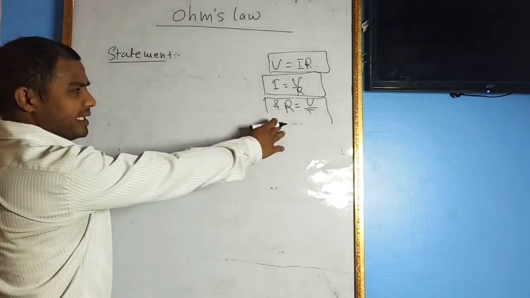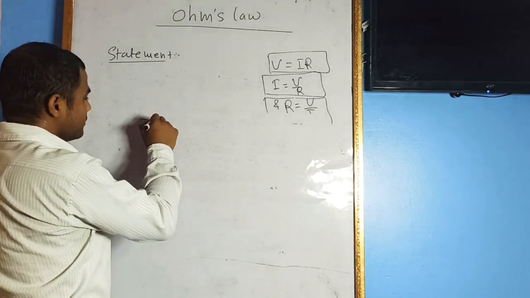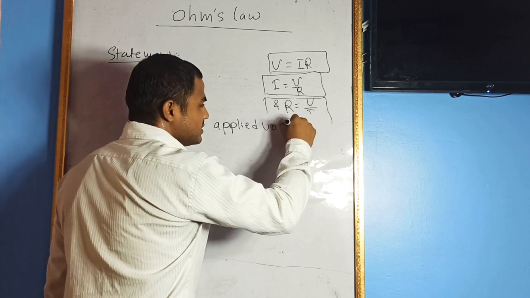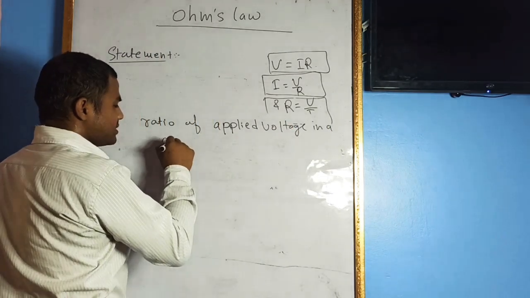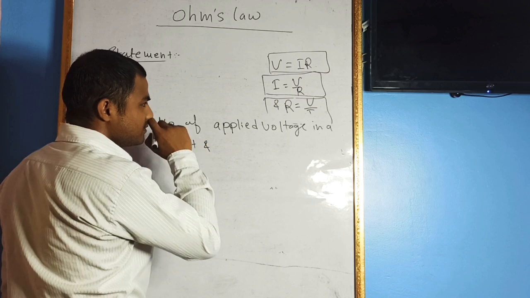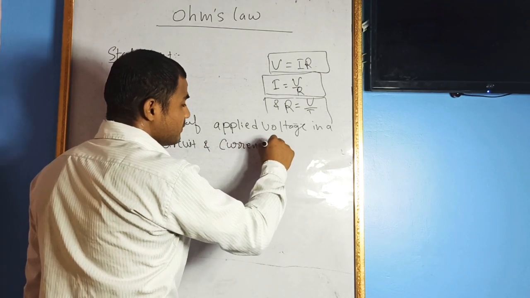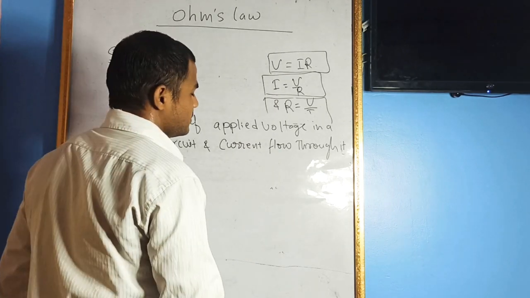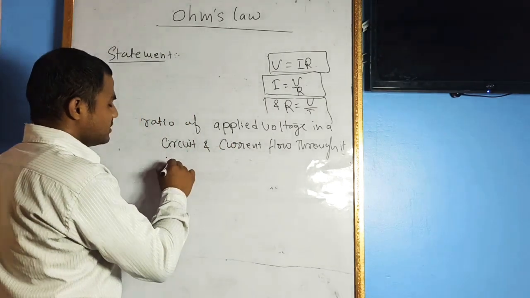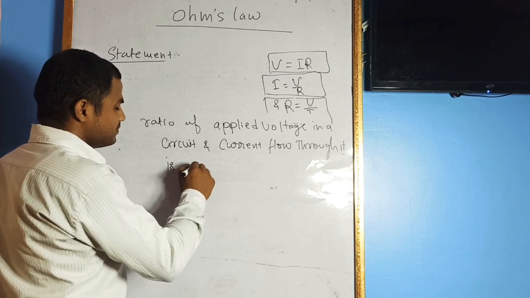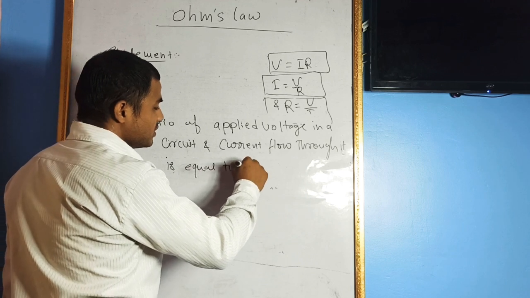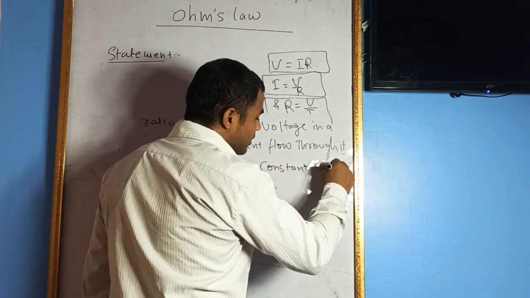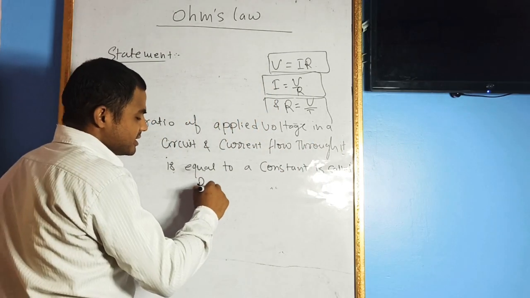So, according to the third one, the ratio of applied voltage in a circuit and current flow through it is equal to a constant called the resistance of the circuit.